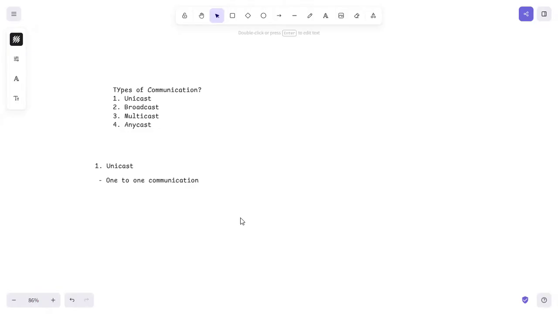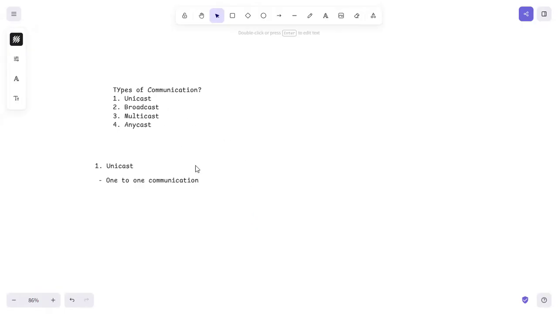This is unicast. Unicast means I can talk to only one person at a time, one-to-one communication between two people. Okay, this is unicast.